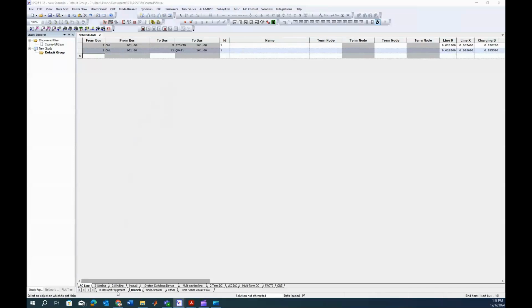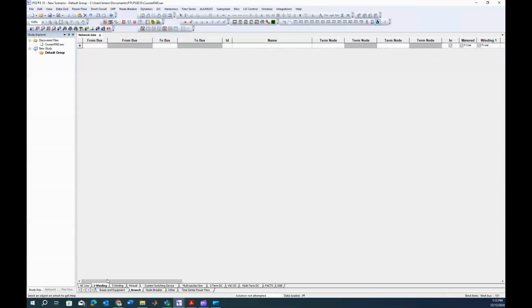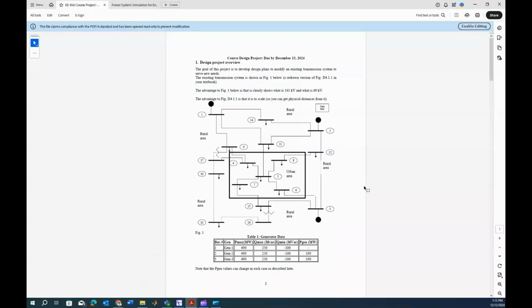So once you are done with the lines, you can go for the transformers. We have two transformers in our network, which are two winding transformers. Now if you see where these transformers are, the transformers are between bus number 9 and 17 here and 15 and 16 here.